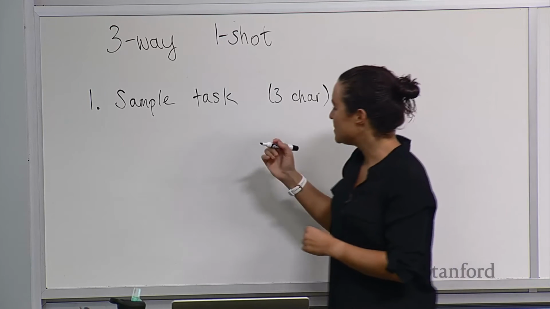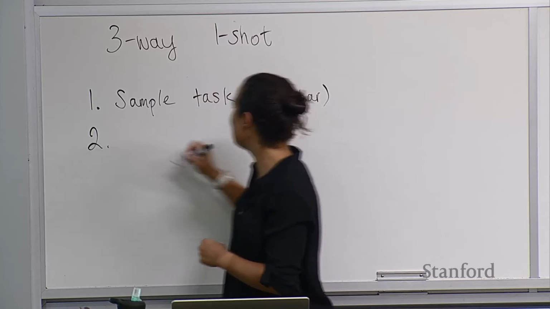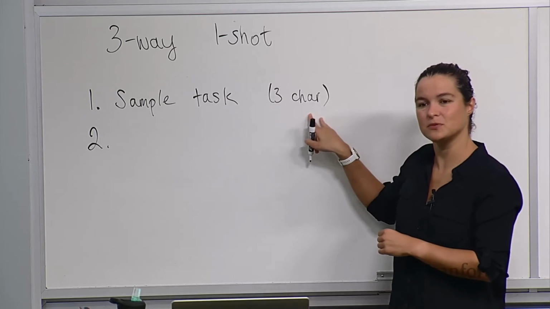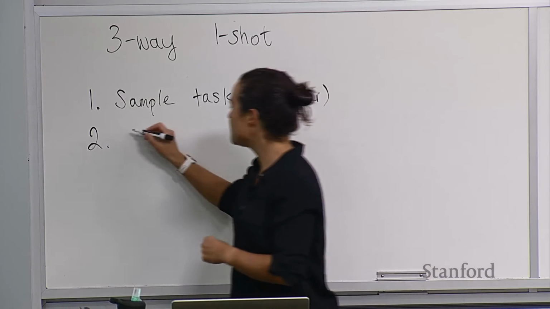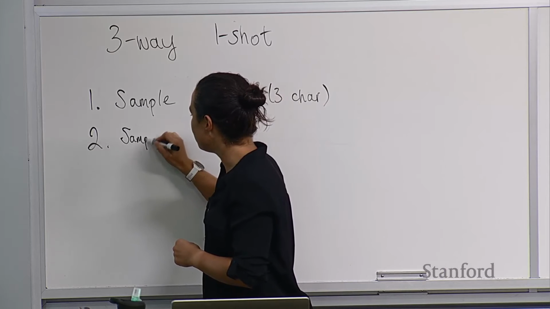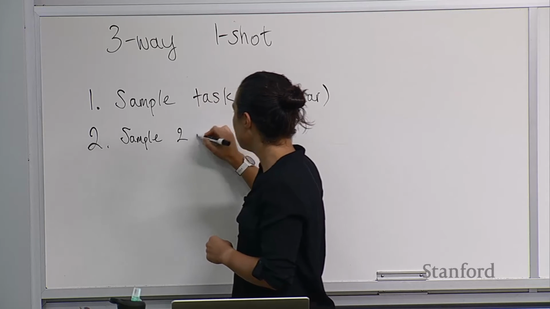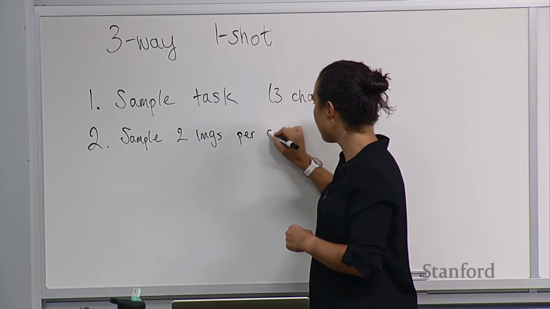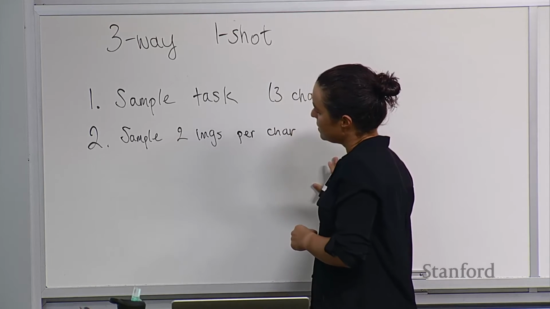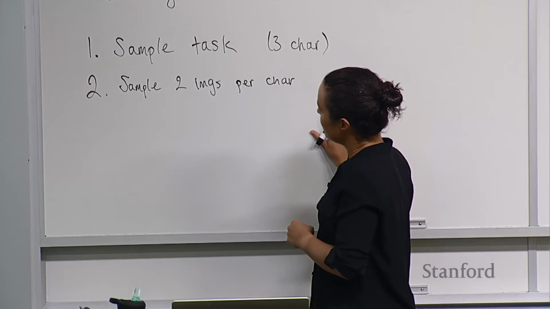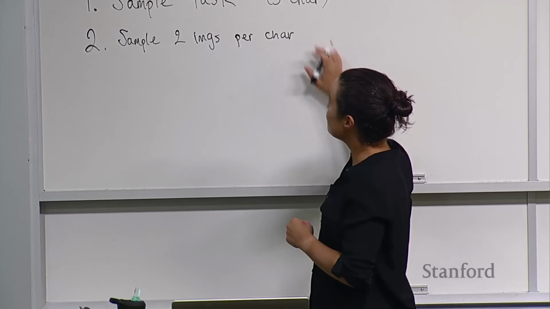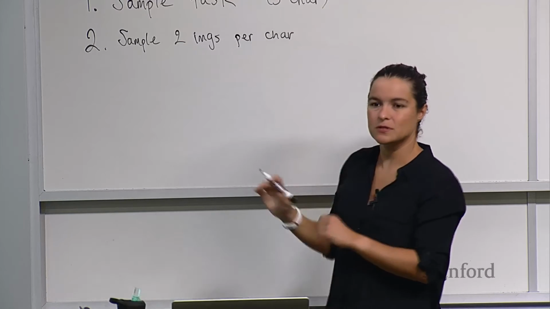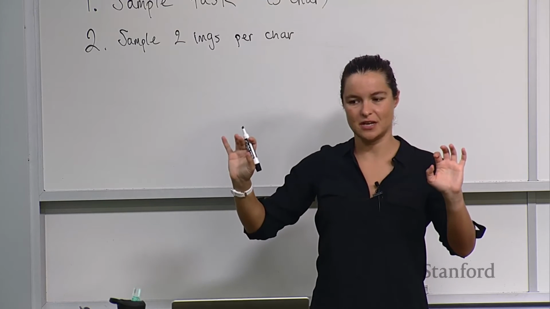And then once we've sampled a task and the characters that we're going to be classifying between, we're going to sample 2 images per character. And we're then going to break these examples into a train set and a test set.